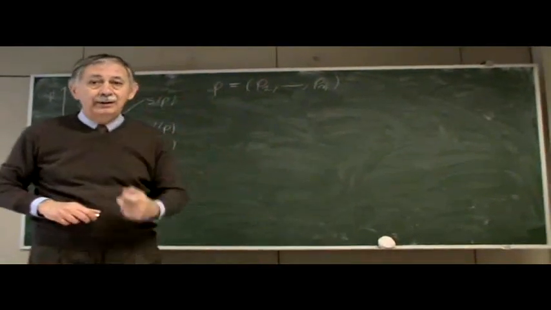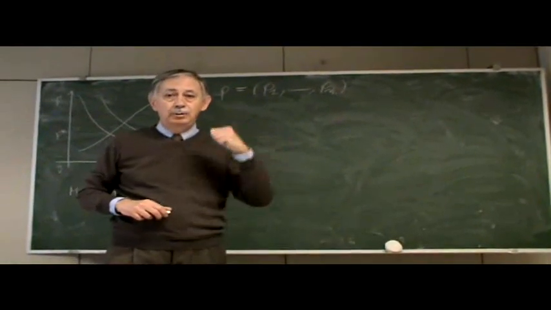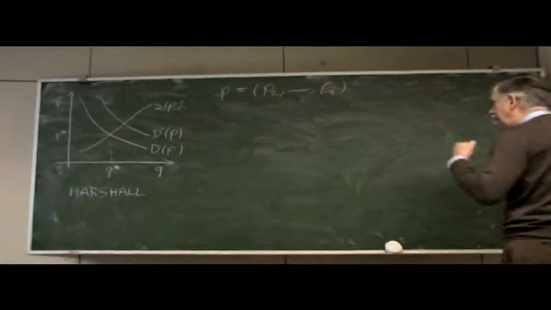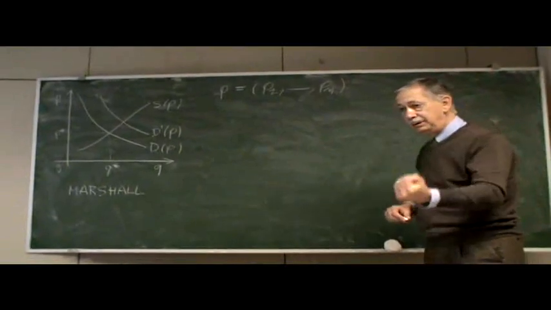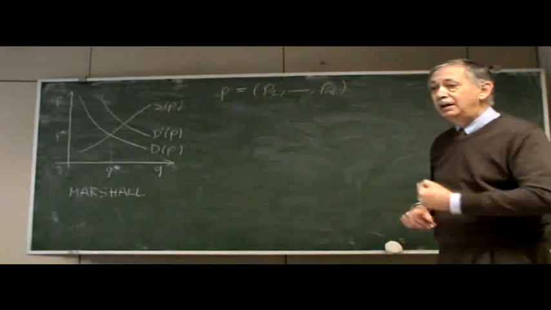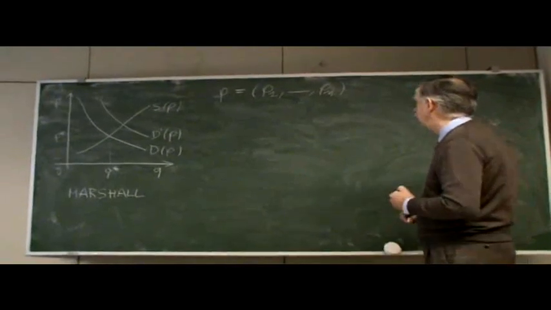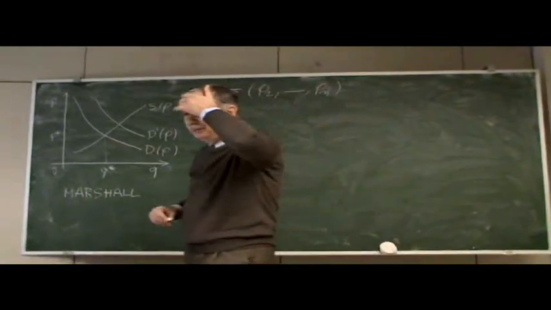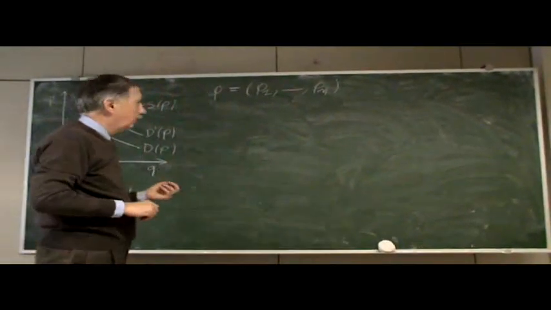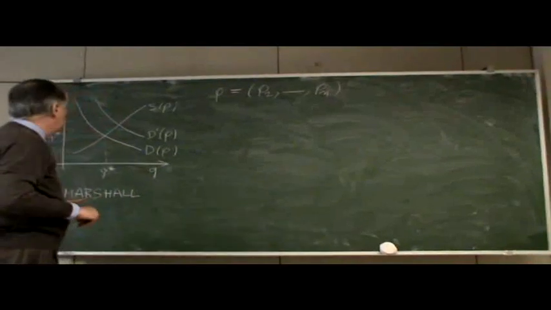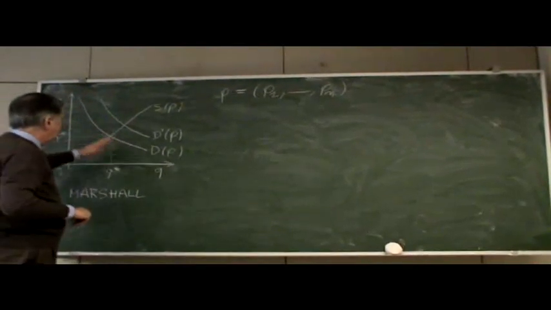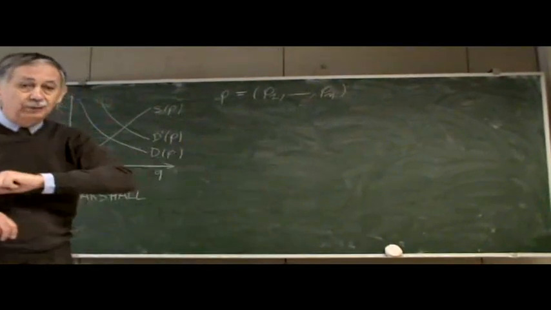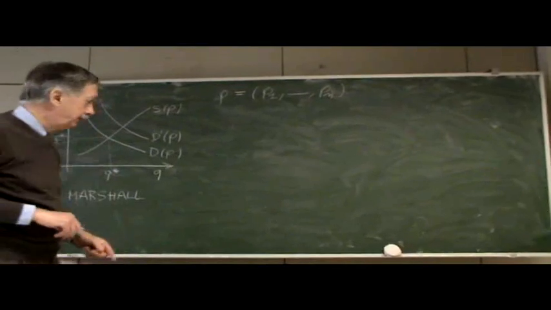This is the fundamental problem of general equilibrium analysis: to find a price system which guarantees equilibrium, equality between demand and supply for every good at the same time, with regard to the same price system. The problem is difficult, substantially because, as I told you a moment ago, the demand and supply curves of every good depend also on the prices of all the other goods.